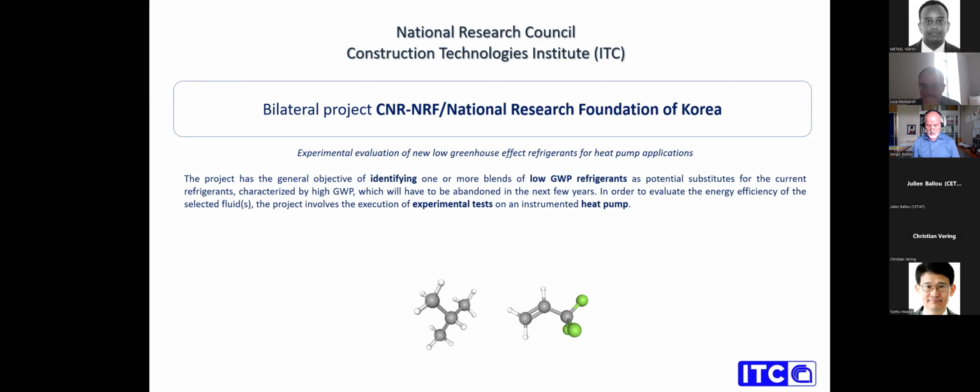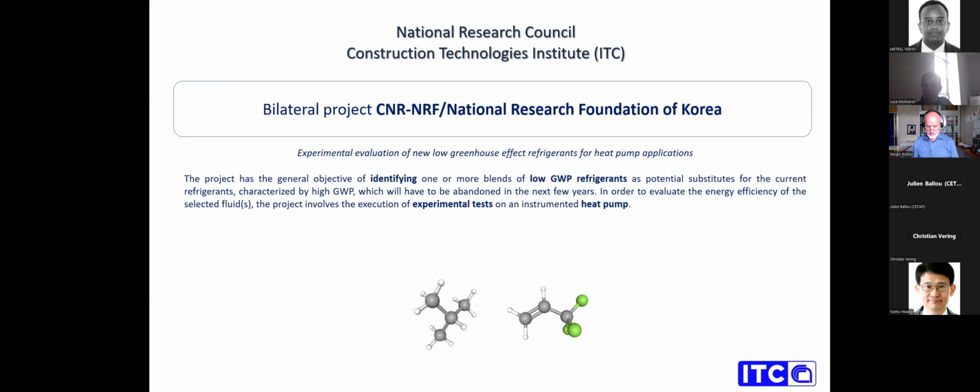And the results were quite interesting because the COP of the azeotropic mixture was practically the same as that of R134A.